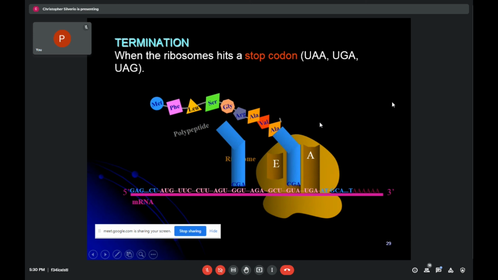What will happen at the stop codon? A protein will bind to the stop codon so that there will be no more incoming transfer RNA. So translation will stop.